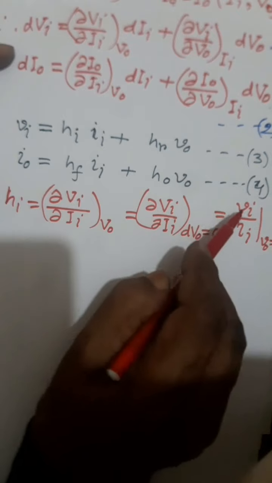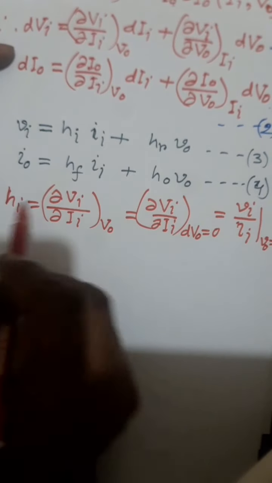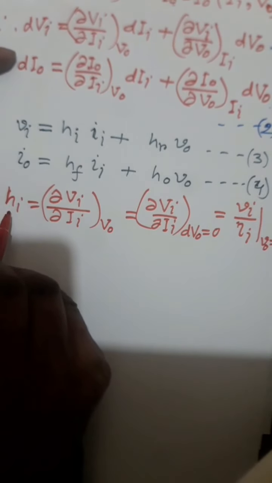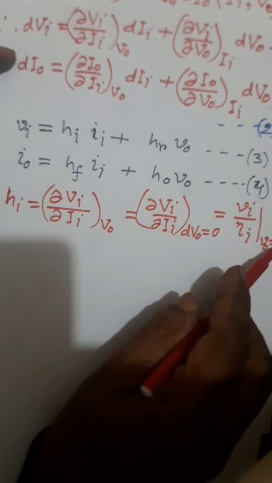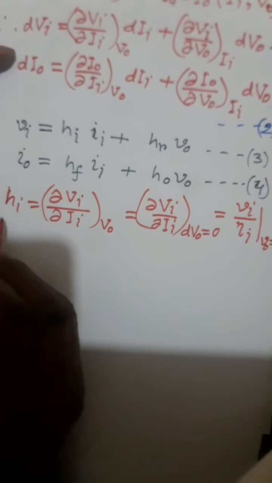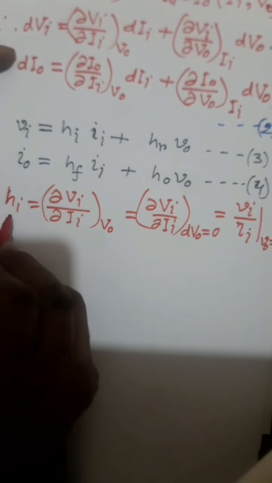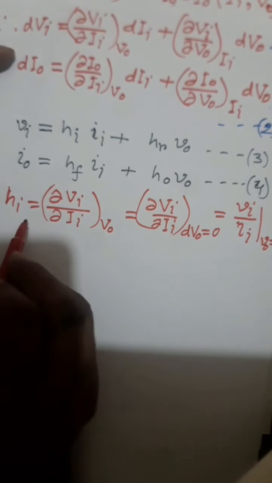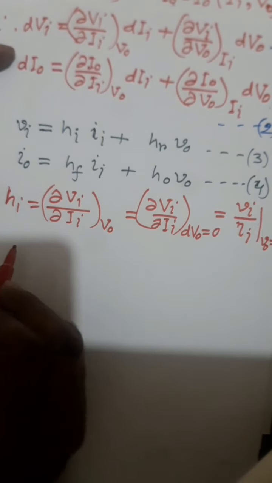So Vi by Ii is the input impedance with output voltage 0, that is short circuit input impedance. Hi is called short circuit input impedance.